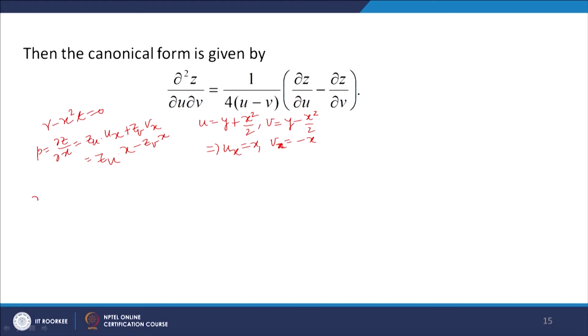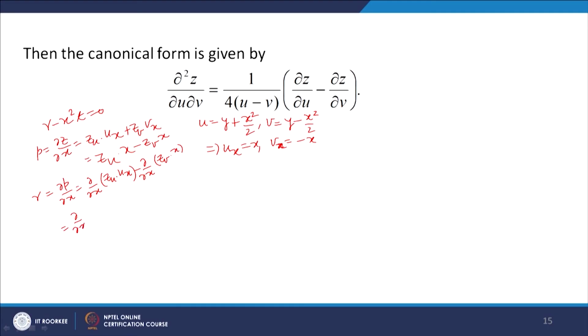Okay. So, let us now find r. R is the partial derivative of p with respect to x. So, partial derivative with respect to x of z u into u x minus partial derivative of z v into x with respect to x. So, what do we have?